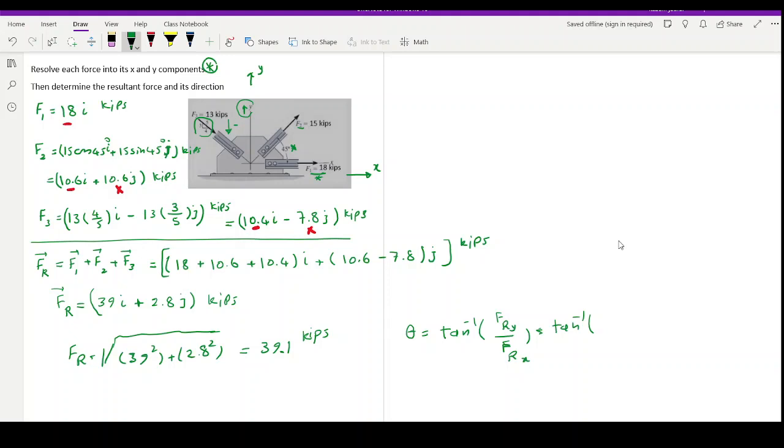FRY is 2.8 divided by FRX, which is 39, and if you solve it, you will get 4.1 degrees, because this resultant force is something like this. This is x, this is y, based on these magnitudes that we have. This is our FR, and this is the theta that we calculated.